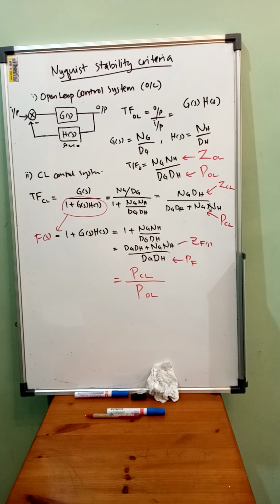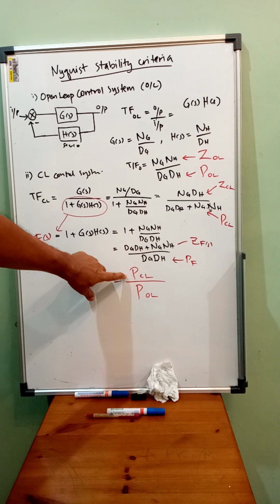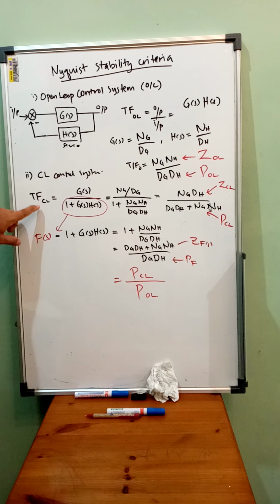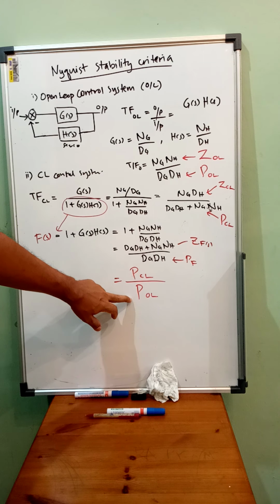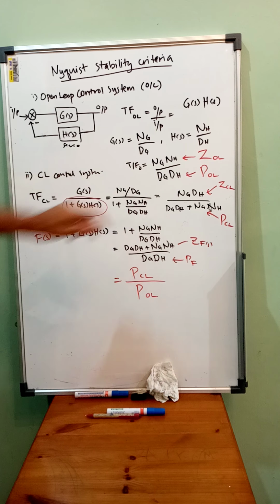From this equation, we observe that the zeros of F(s) are the poles of the closed loop control system, and the poles of F(s) are the poles of the open loop control system. So this makes it easier to find the poles.